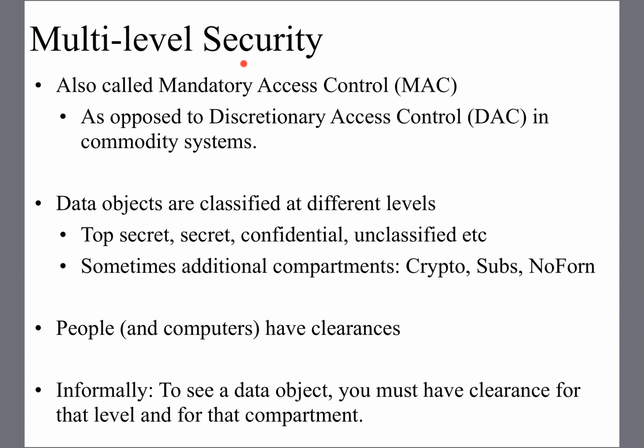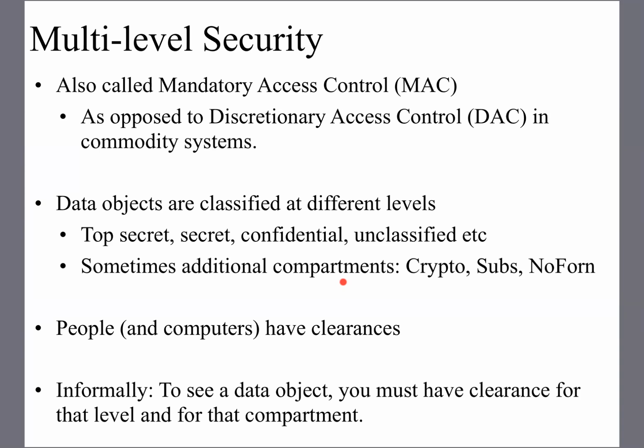The idea is that you have some data objects that need to be protected, and these could be classified as top secret, secret, confidential, or unclassified. So you can have various levels, which is why it's called multi-level security. Sometimes people make additional subgroups or compartments within a particular level, for example crypto, or no foreign, meaning no foreign nationals.